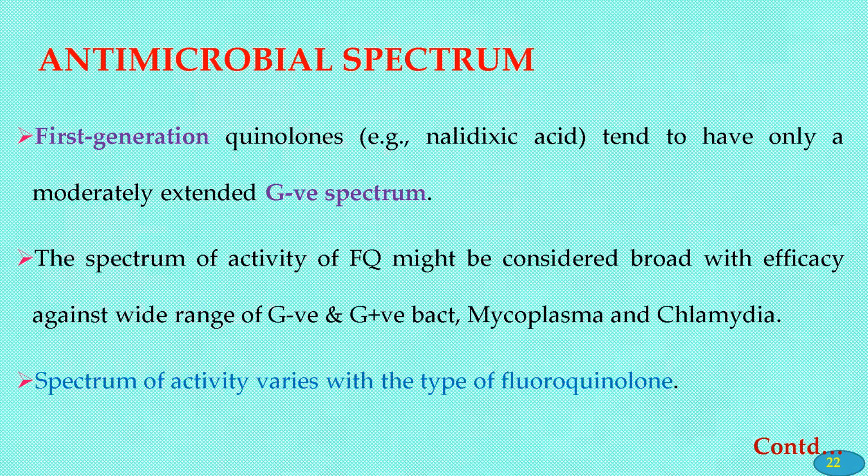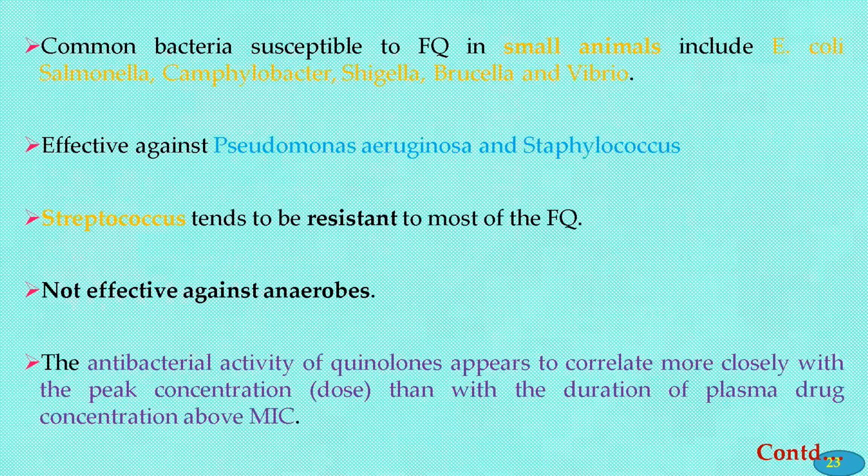Common bacteria susceptible to fluoroquinolones in small animals include E. coli, Salmonella, Klebsiella, Shigella, etc. They are effective against Pseudomonas aeruginosa and Staph aureus, which cause mastitis in cows. Streptococcus tends to be resistant to most of the fluoroquinolones, and these are not effective against anaerobic bacteria.